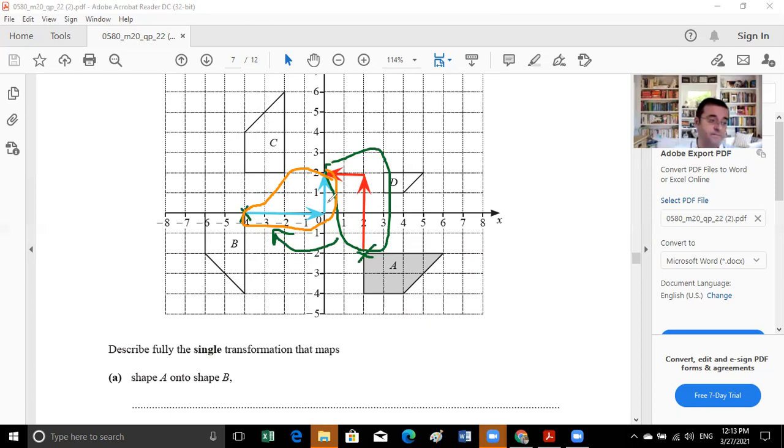I didn't understand. Rotate. Okay. If I ask you here, Muhammad, rotate this one here, this shape.